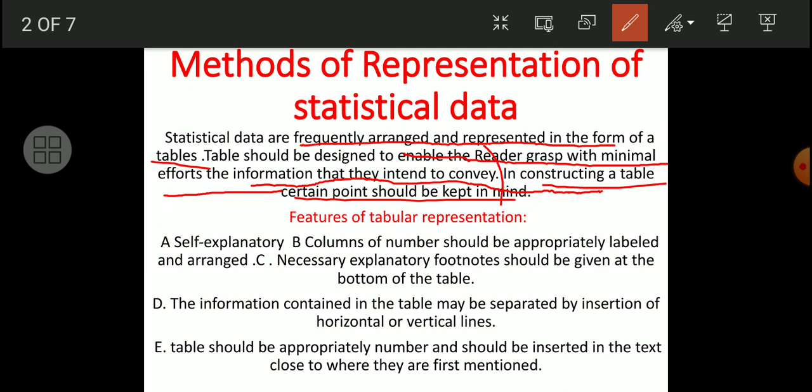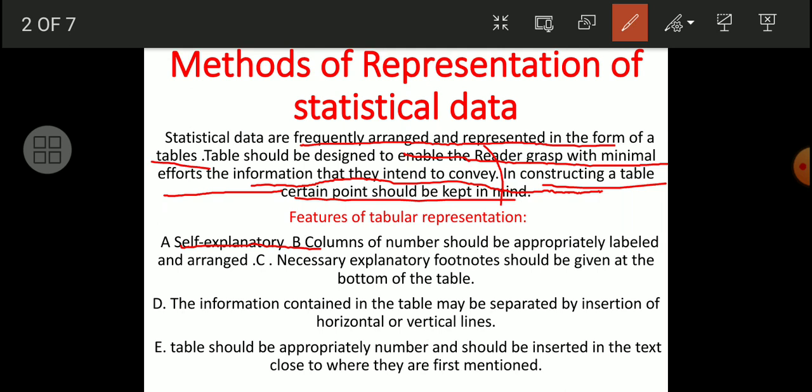So first is that data should be self-explanatory. In the sense, once the table having the data is presented in front of the people, immediately they could understand, meaning that the data will tell something to them directly. So that is self-explanatory, isn't it?